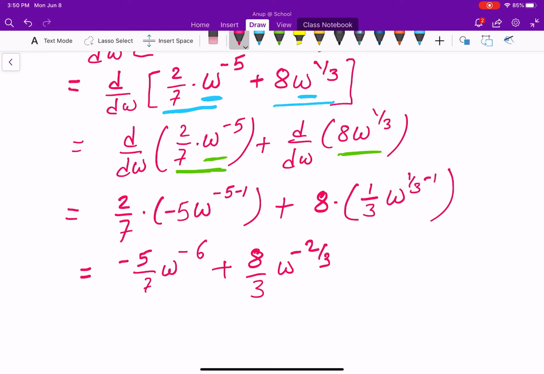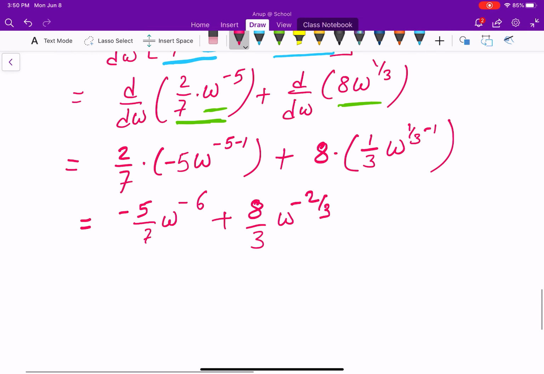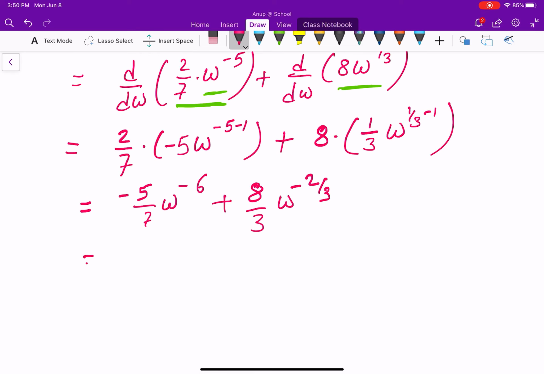So this is the simplification of the derivative of the given function. This is already the derivative, but if you want to rewrite this in the positive exponent form, it can be written as negative 5 over 7 times w to the power 6 plus 8 over 3 times w to the power 2/3.